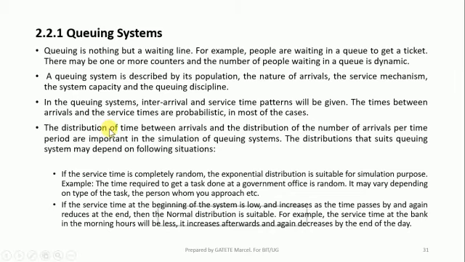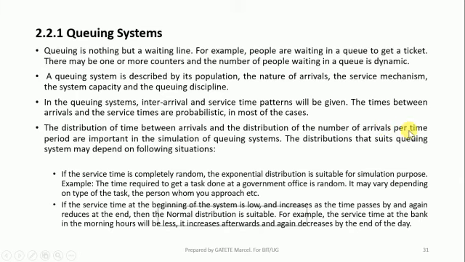So the distribution of time between arrivals and the distribution of the number of arrivals per time period are important in a simulation of a queuing system. So this is very important.